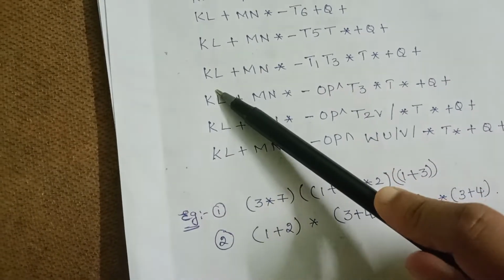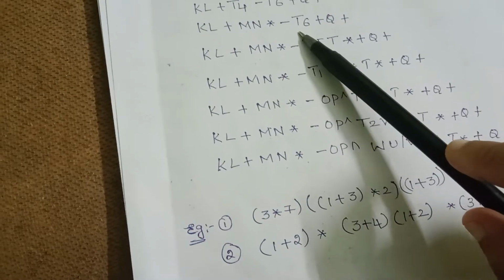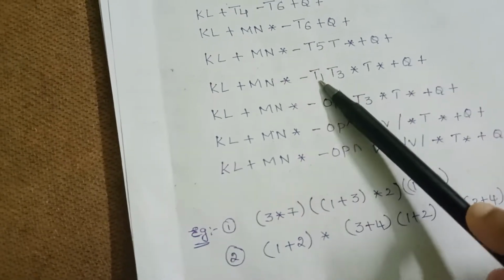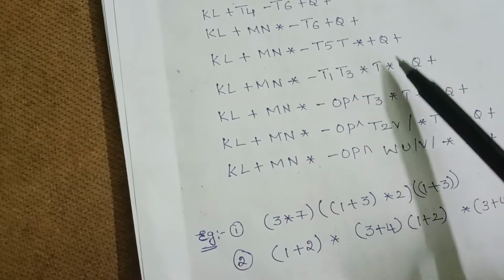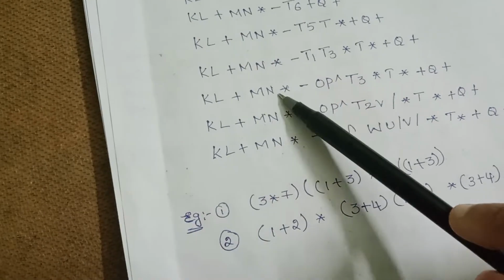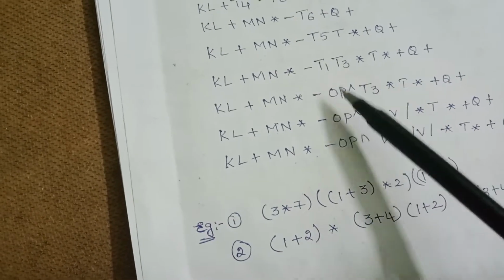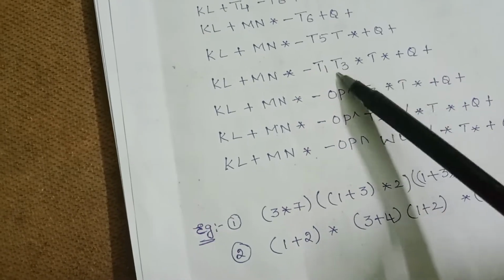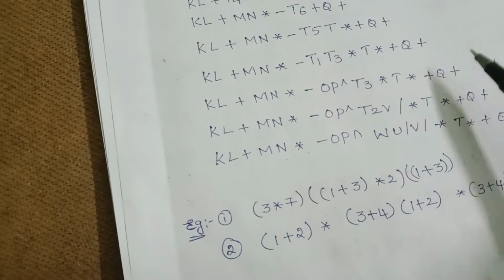And k l plus m n star minus, in place of t5 we have t1 t3 star and the remaining expression t star plus q plus. And next k l plus m n star minus, in place of t1 we have O P cap and the remaining expression t3 star t star plus q plus.